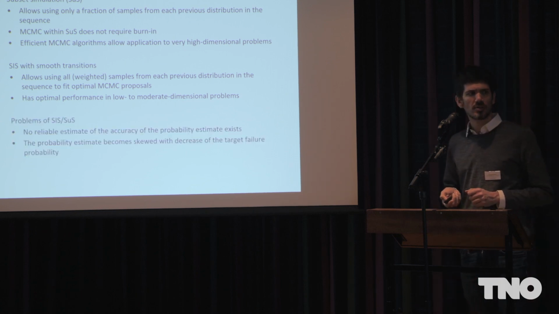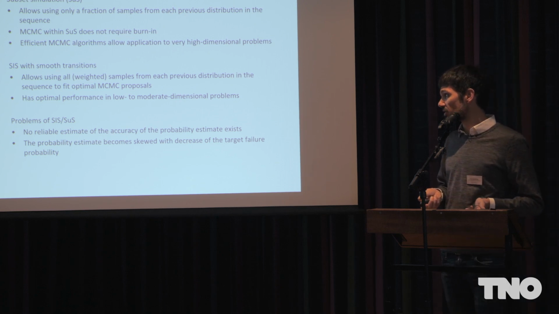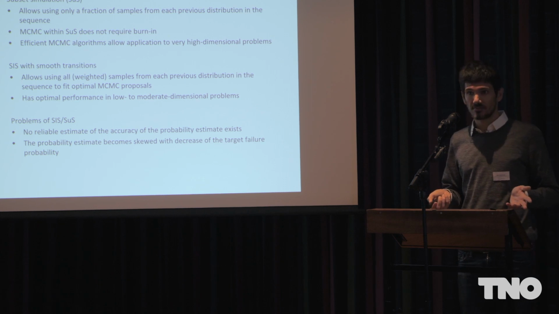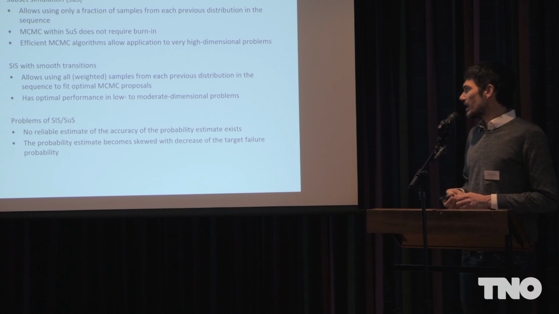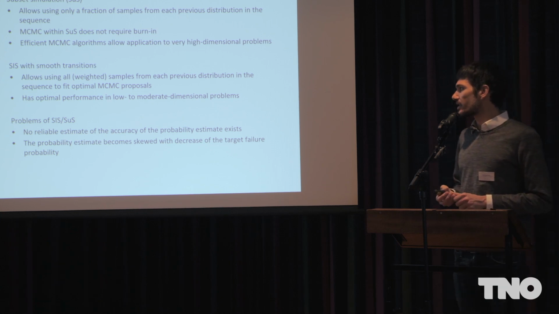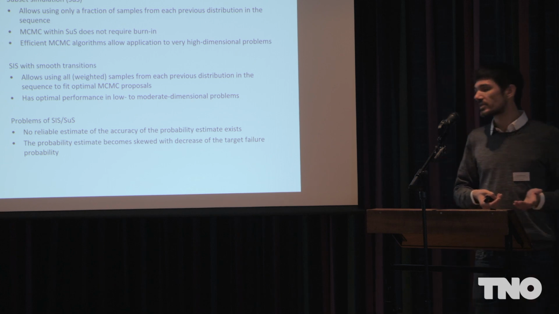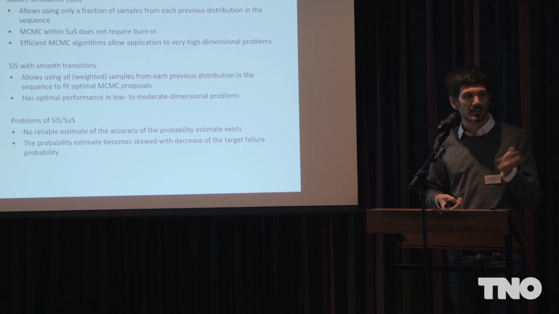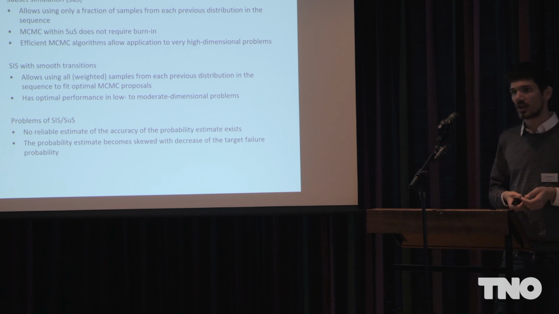Some problems of both approaches that I want to mention is that we have no reliable estimate of the accuracy of the probability estimate in both cases. So there are estimates, but they're not that reliable. And the probability estimate becomes rather skewed with decrease of the target failure probability. This has to do with the fact that we, in the end, compute something as a product of estimates.